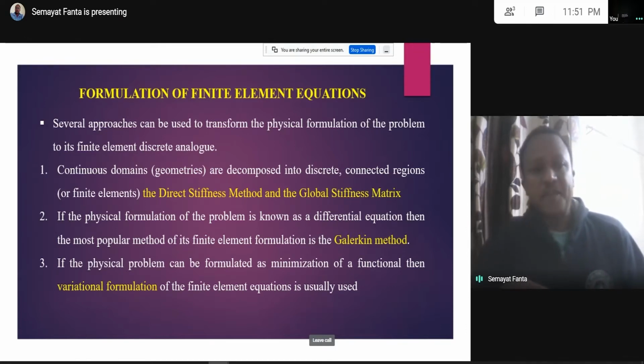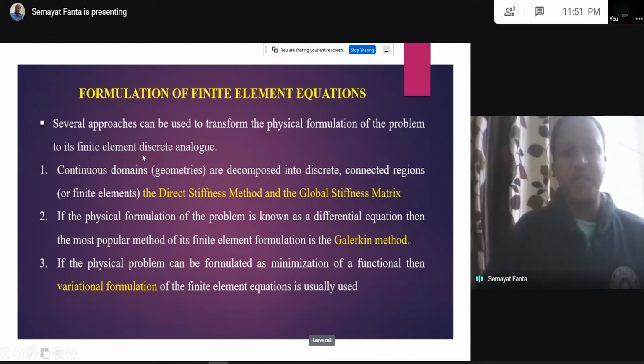The first one is that the continuum domains or geometries are decomposed into discrete connected regions, which are called finite elements. And that is the direct stiffness method. The global stiffness method is used.